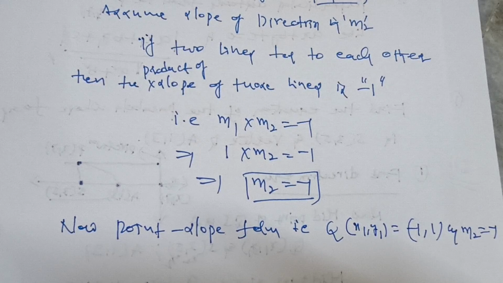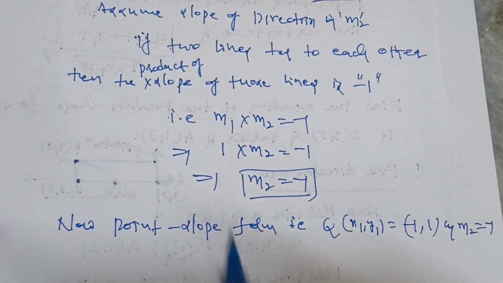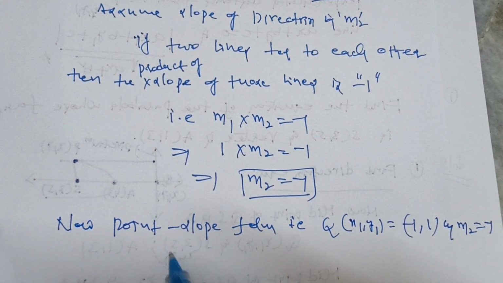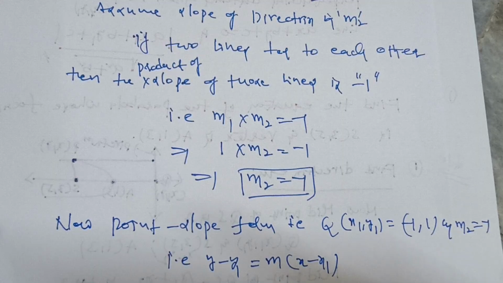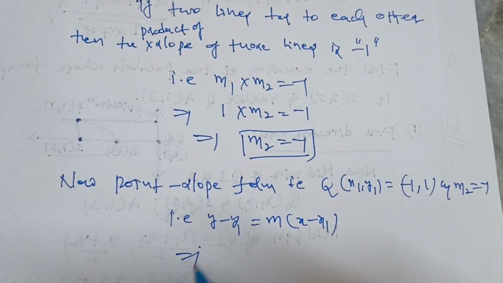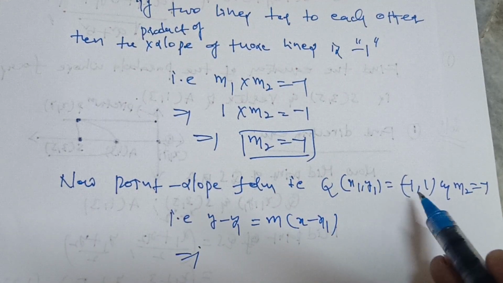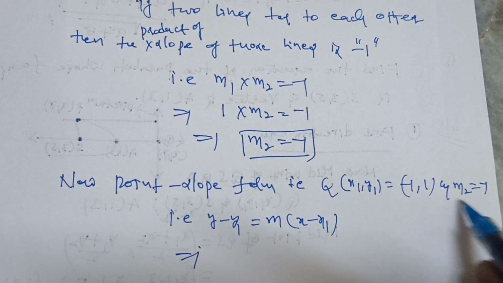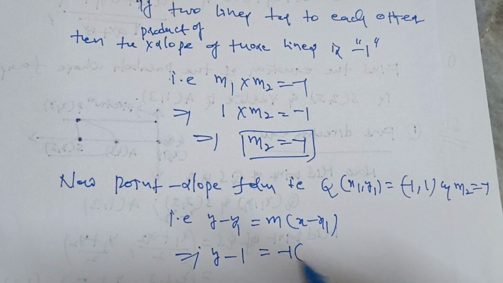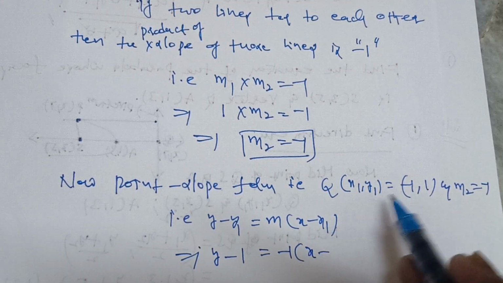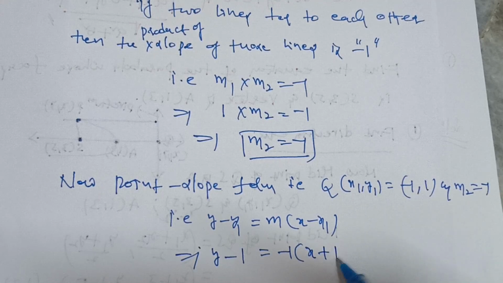The point slope form of the line is y - y1 = m(x - x1). So y - 1 = -1 into (x - (-1)), that is x plus 1.